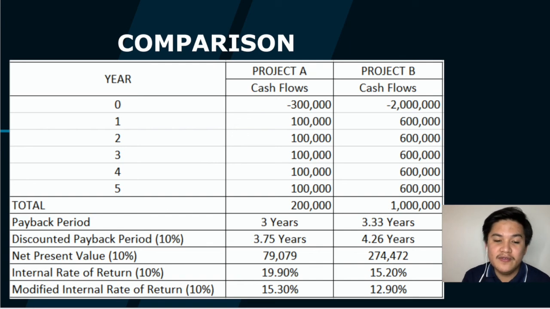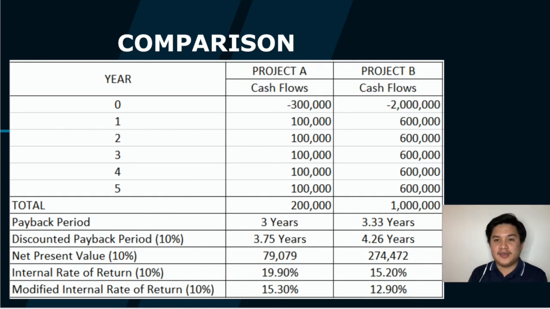When the modified internal rates of return are computed, both rates are lower than their corresponding internal rates of return at the reinvestment rate of return of 10%. As with the internal rate of return, the project with the higher modified internal rate of return will be selected if only one project is accepted, or the modified rates may be compared to the company's threshold rate of return to determine which projects will be accepted.